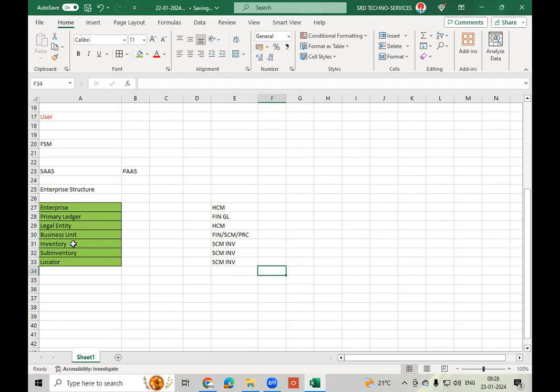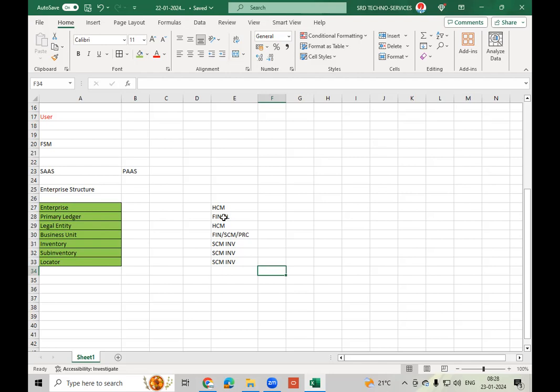But as an SCM inventory consultant, I will always connect with the above consultants, the financial consultant or HCM. Why? Because I need that as a prerequisite. So without a business unit, will you create inventory? You cannot create. It is mandatory.